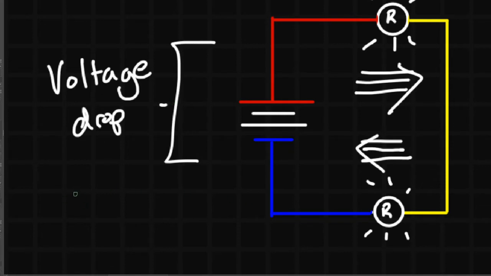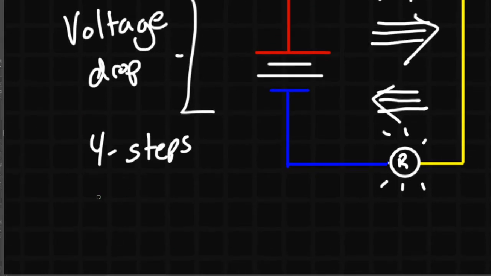Before we would have called this 4 steps, but the way Falstad describes it is 4.5 volts. So what we were calling 4 steps before, Falstad calls 4.5 volts.